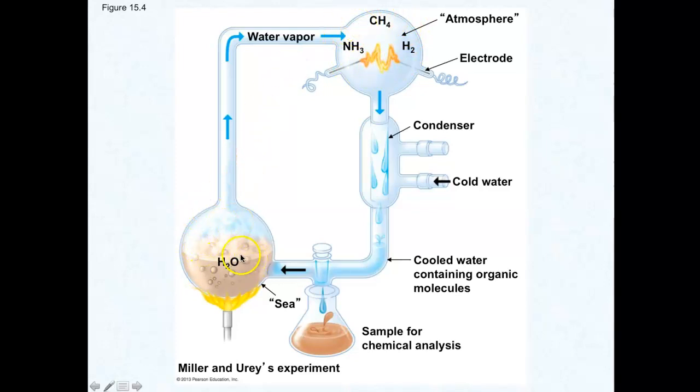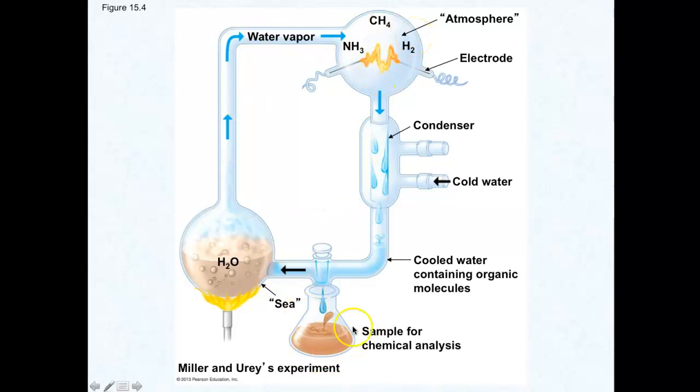So when they heated it up, the water vapor moves up this glass tubing. It interacts with the inorganic molecules inside of the atmosphere. They added some energy, so this is like lightning striking. And then they found that as the water cooled and condensed, they captured what was left, and they looked at this and they actually found amino acids. So they found the precursors to proteins that formed spontaneously when you had water and all these other inorganic molecules.